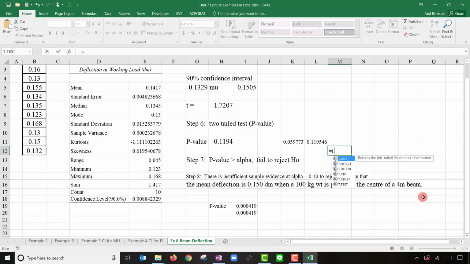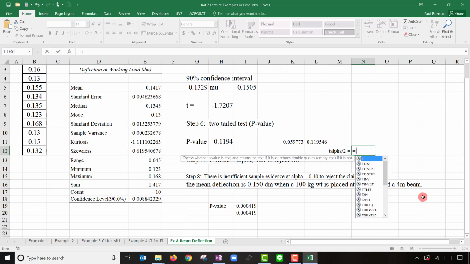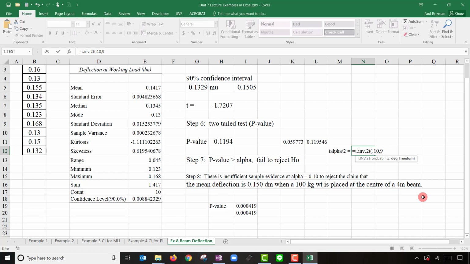So in our case, when we did it the traditional way, our t alpha over 2, we would say T.INV.2T. Our probability then was 0.1. You remember alpha was 10%, and we had 9 degrees of freedom.